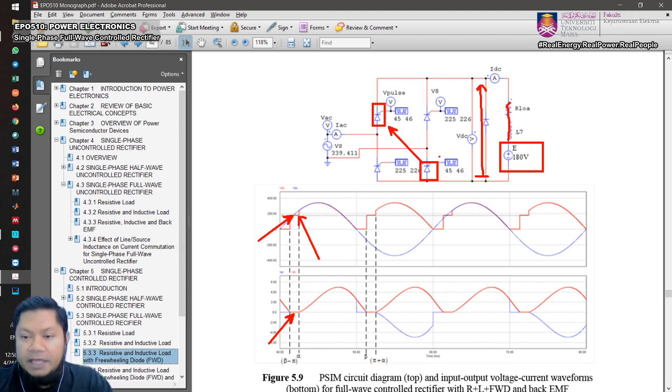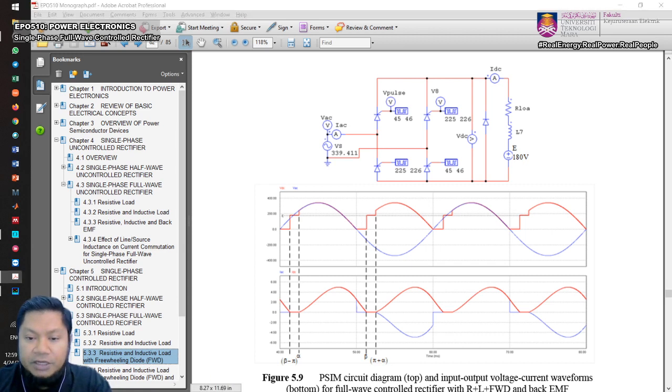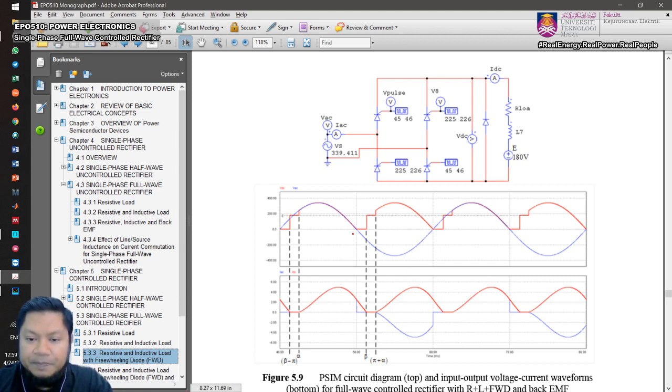turned on, and therefore the output voltage will follow the supply voltage again until the negative half cycle, whereby you still have the current flowing, and it will turn on. At this point, you're going to turn on the diode again, so the diode will appear as a short circuit, and therefore the output voltage becomes 0.